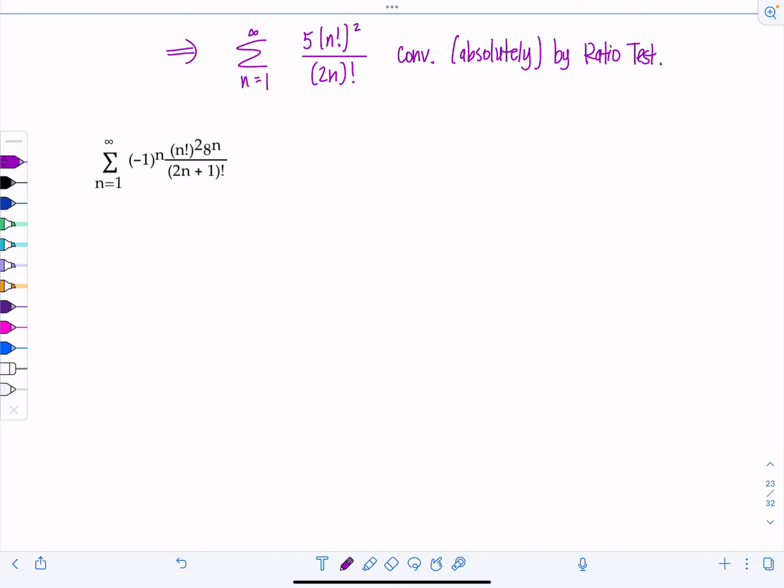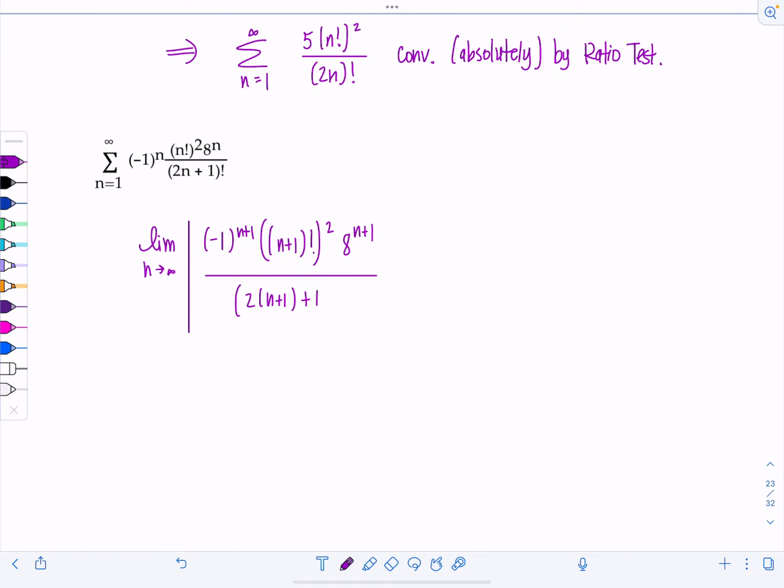Okay, here we go. Let's hop to it. So we have the limit as n goes to infinity of the absolute value of (-1)^(n+1) times ((n+1) factorial) squared times 8^(n+1) over (2(n+1)) factorial, divided by the original, which is times the reciprocal of the original, which is (-1)^n times (n factorial) squared times 8^n over (2n+1) factorial.